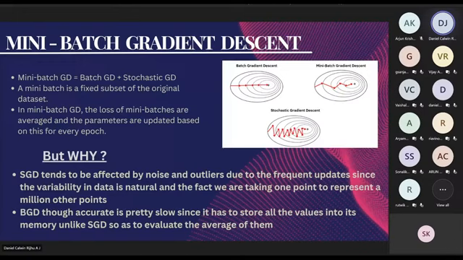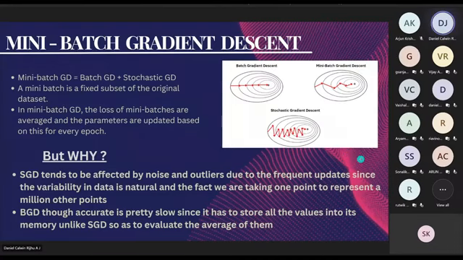So finally, we are going to have 10 mini batches. For those 10 mini batches, we are going to implement a normal BGD, which is to say, we'll calculate the gradient descent for those individual batches, take the average, and update the remaining parameters based on that. This way, we'll be able to maintain the accuracy and computation time at the same time. So that is it about mini batch gradient descent.